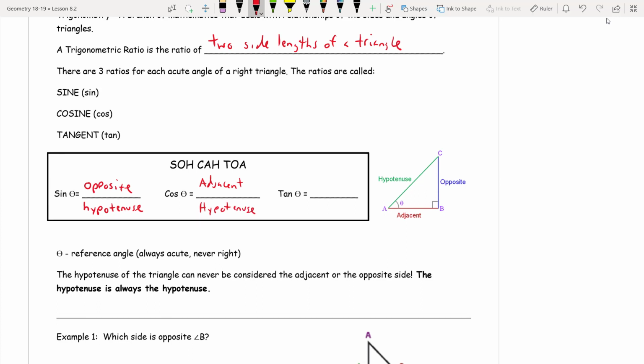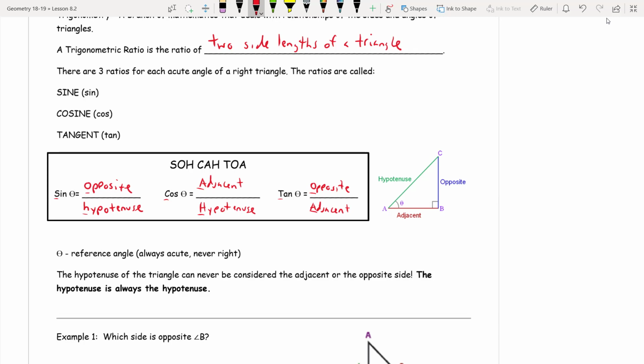And our tangent ratio is the comparison of our opposite side over our adjacent side. If you notice the leading letter of each of these, you've got sine, opposite over hypotenuse for SOH; cosine, adjacent over hypotenuse for CAH; and tangent, opposite over adjacent for TOA. That's where SOHCAHTOA comes from.